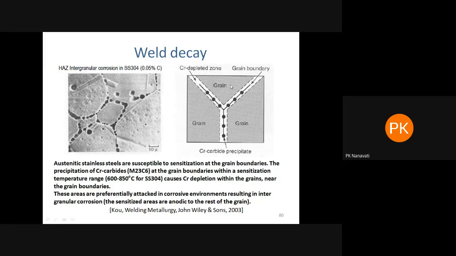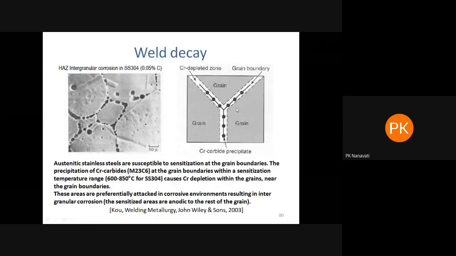So what happens is, the grain will contain chromium, right? Because it is an austenitic stainless steel. So your chromium will diffuse and combine with carbon. But you know why only the region nearby the grain boundary is depleted of chromium? Because chromium cannot diffuse faster, but carbon is a smaller atom and will diffuse much faster.